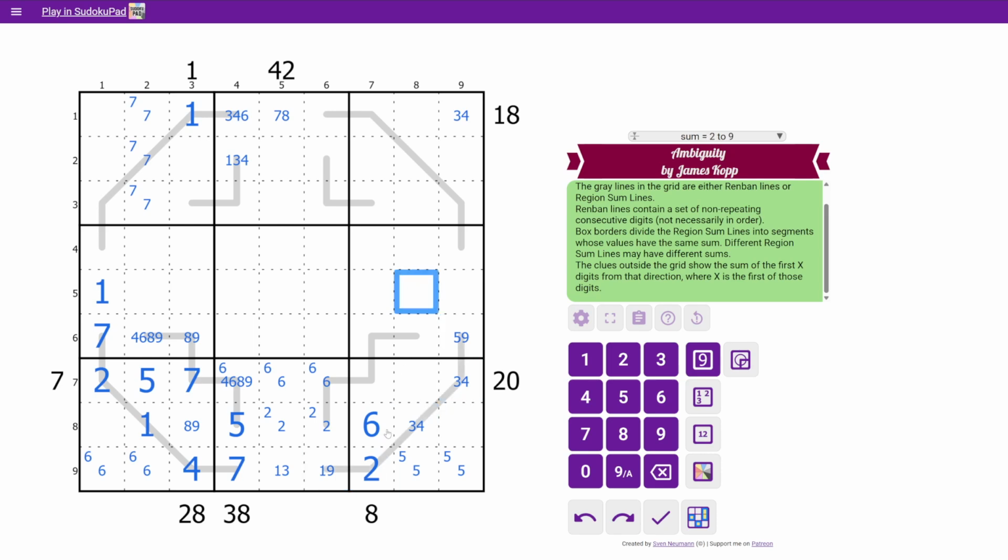At least I know those digits are really restricted, on the line at least. So that's good. But now what do I do? That was pretty good deduction, though.